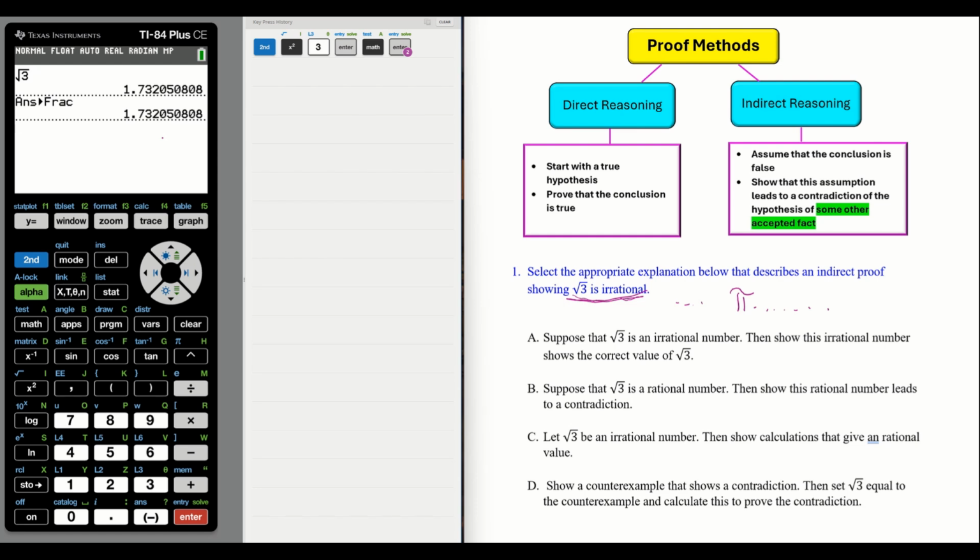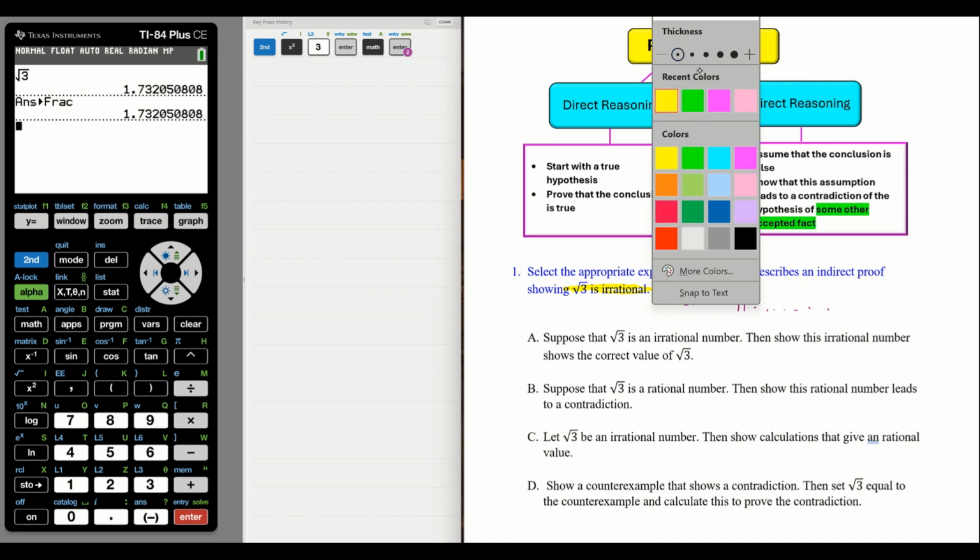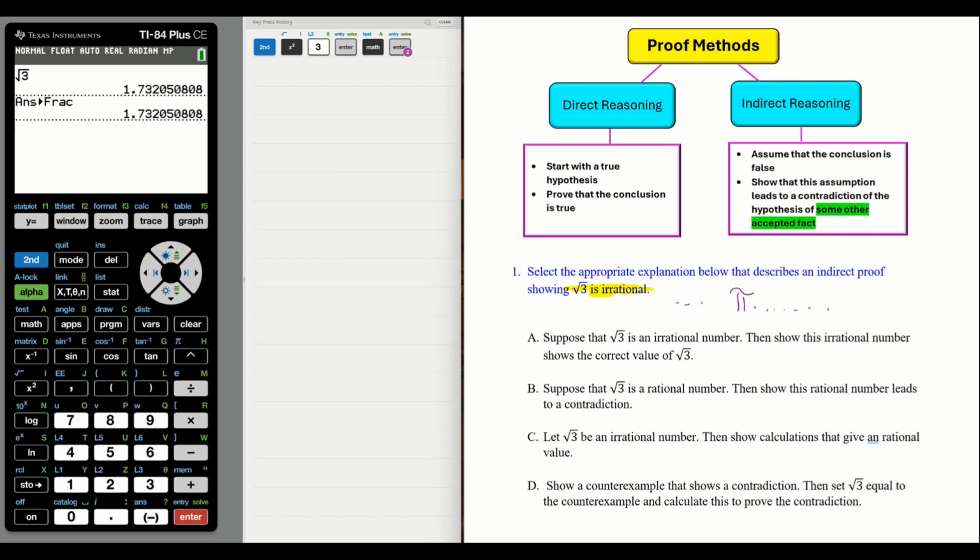What is the opposite? First off, let's erase this and start highlighting so we don't mess our stuff up. Let's make this nice and big. They say our conclusion should be that it is irrational. So we want to do the opposite.